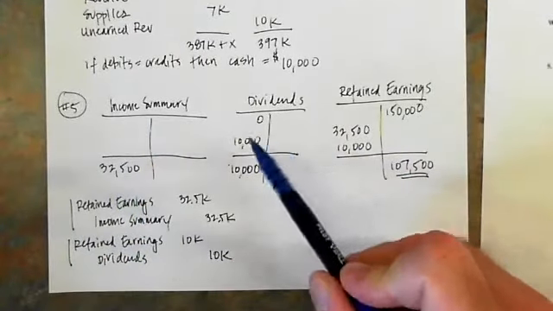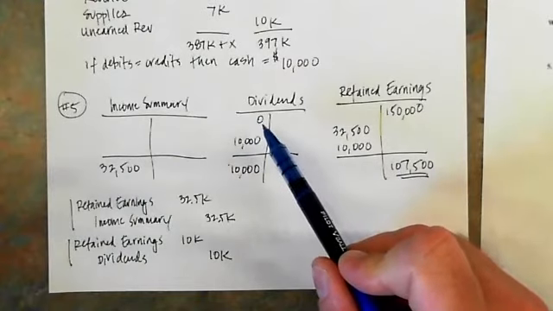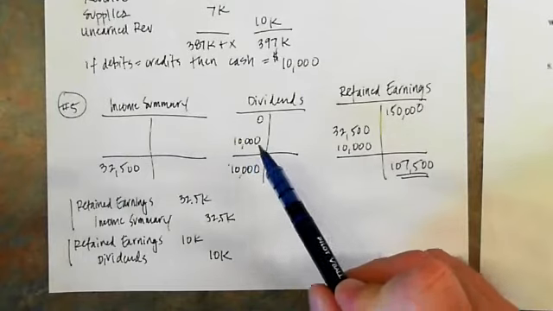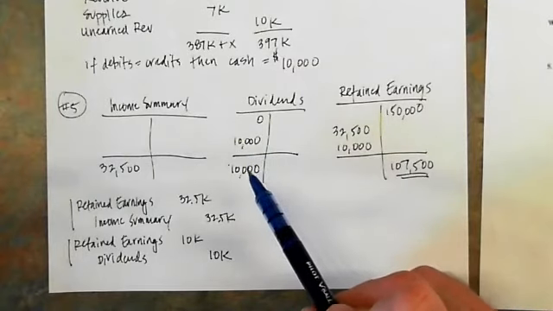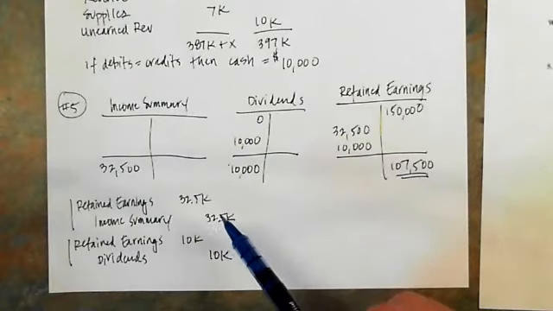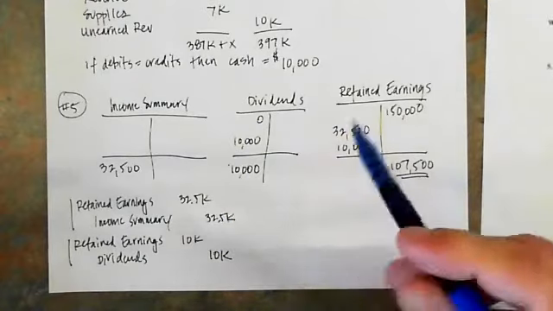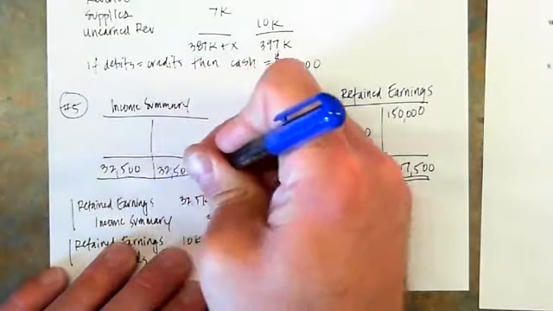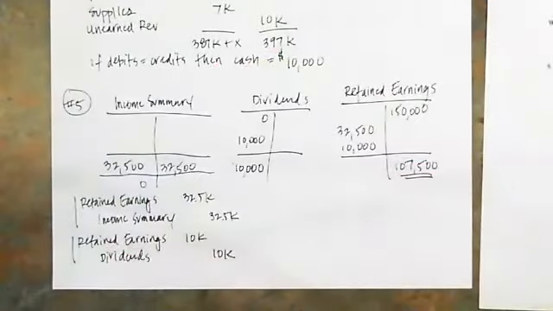We do know that dividends is a nominal account. It would start at a zero balance. We pay dividends or declared them of $10,000 and paid them. So we have this $10,000 balance here. You just make the closing entries, debit retained earnings, and credit the income summary. That's a little different, right? That's what will throw some people off here, is that in order to close this account, we really have to credit it.